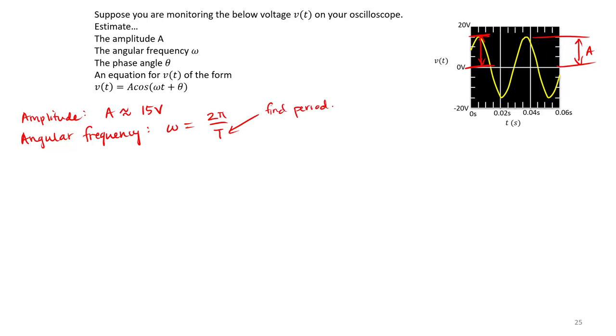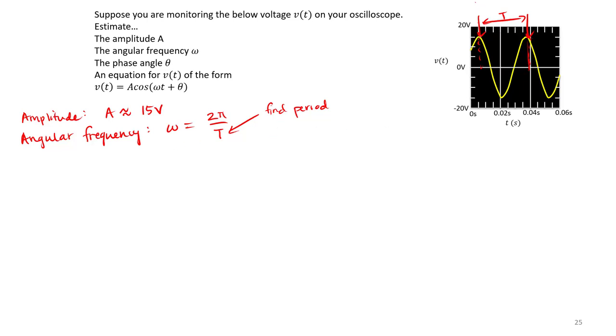In this case, we need to find the time required for just one cycle. I'm going to go ahead and take a look at the peaks that we see. So my period T is going to be the time required for one full cycle of my wave to complete.